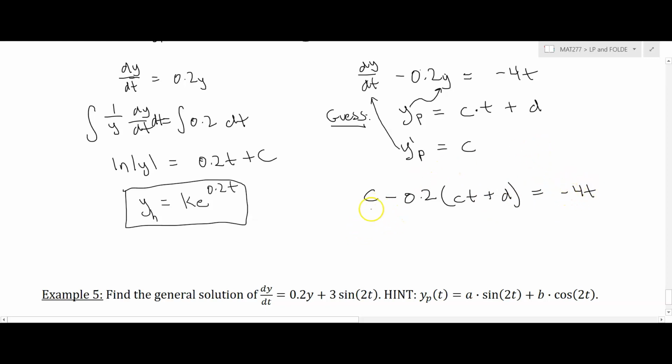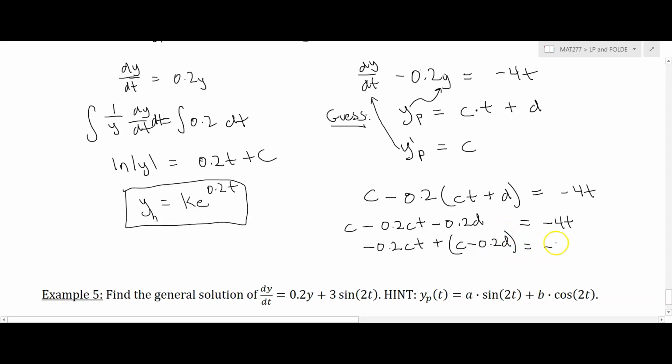So watch what happens. If we distribute things through, we'll have c minus 0.2 ct minus 0.2 d has to equal -4t. Now I see that I have that t term here, so I'm going to write this as -0.2 ct, and then I have left over c minus 0.2 d.